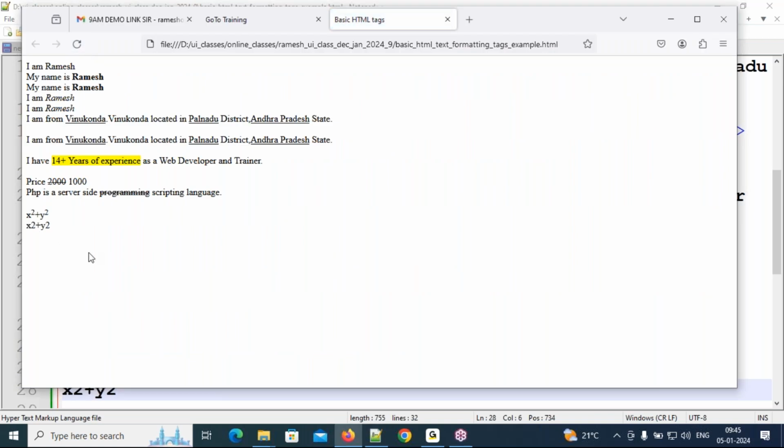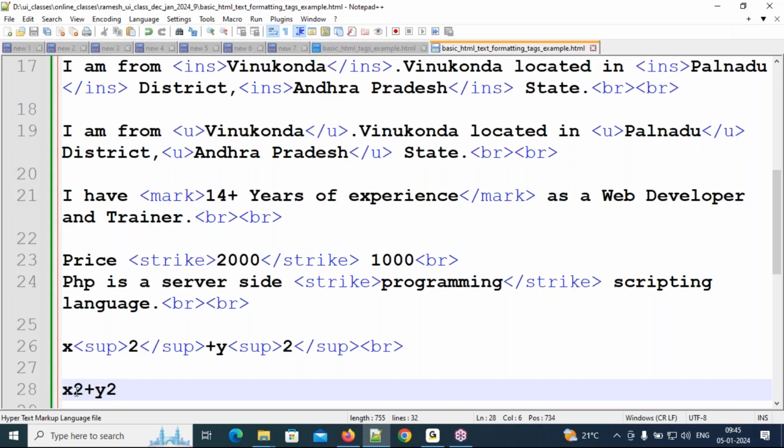Of course, it is fulfilling the requirement, but still I want to clearly write in a mathematical expression format. For that purpose I need to write here SUB. SUB stands for subscript.